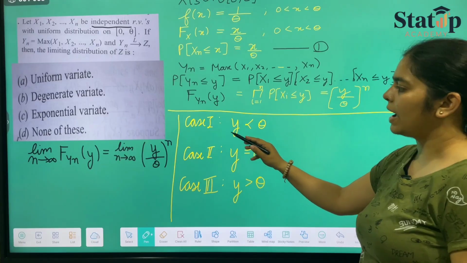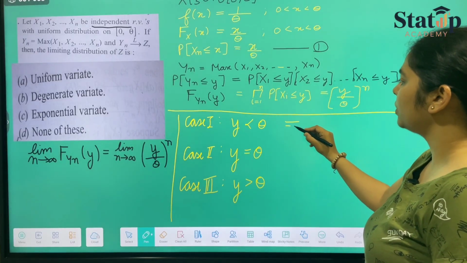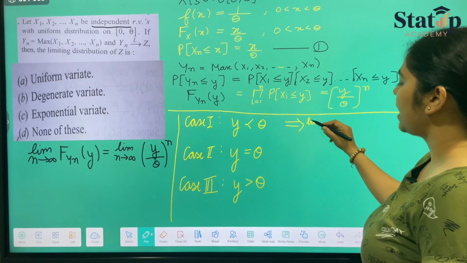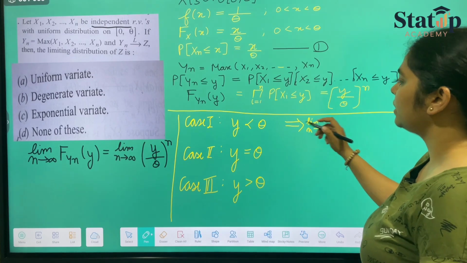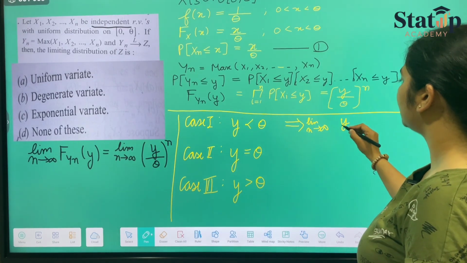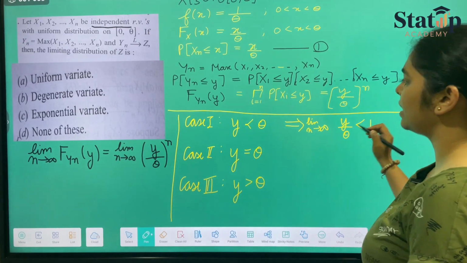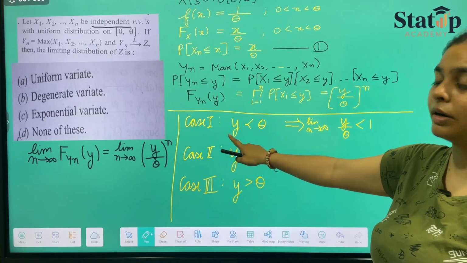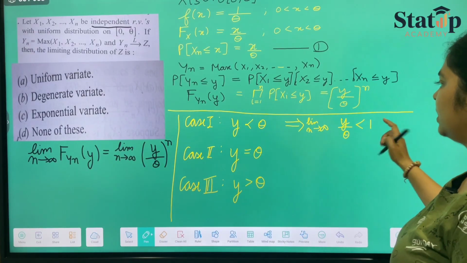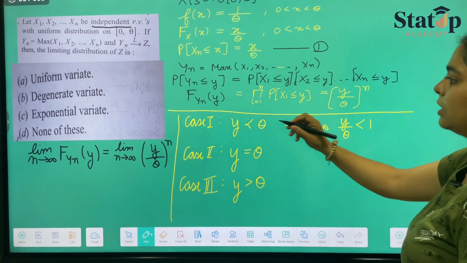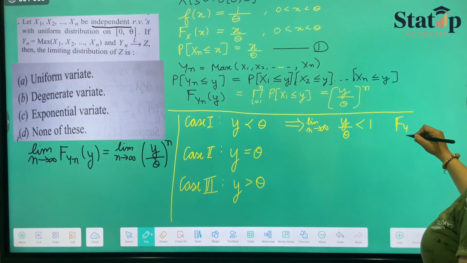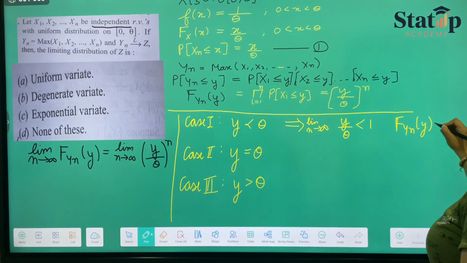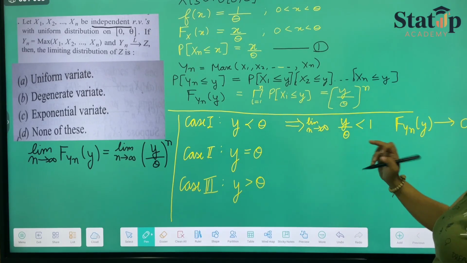So when y is less than theta, and we put the limit n tends to infinity, then y upon theta is less than 1, because when we divide by theta on both sides it will be less than 1. So this limit, F Yn at y, reaches 0 because it is less than 1.